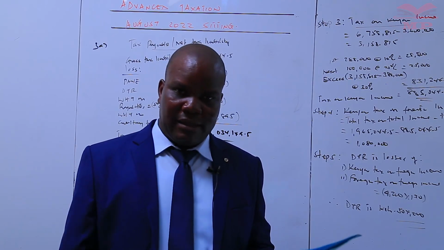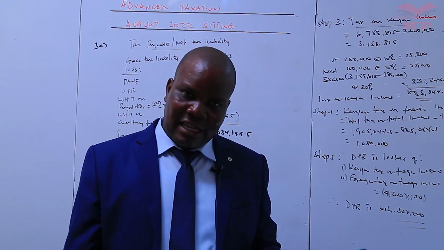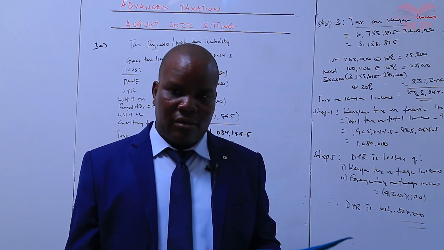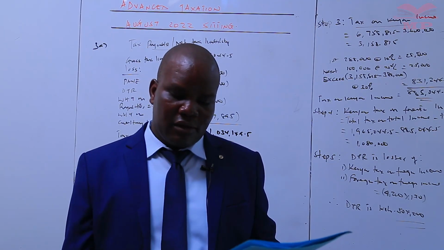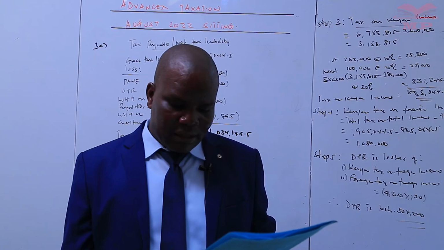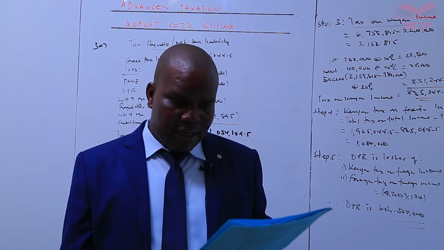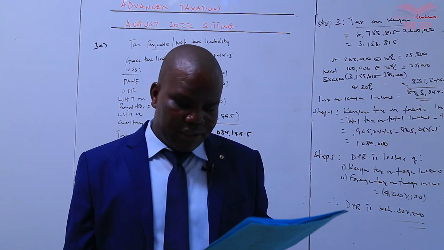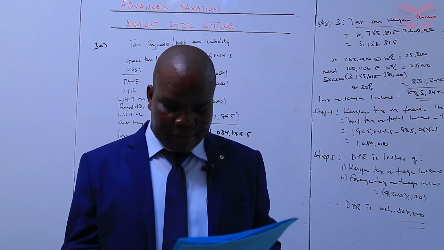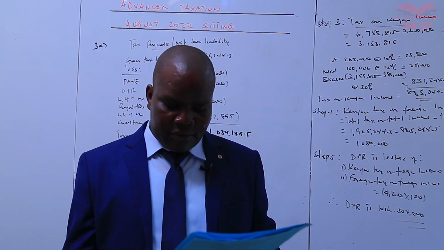So if you sold at lower prices and not at arm's length, the tax authority may tax you on a higher figure because you did not obey the arm's length principle.